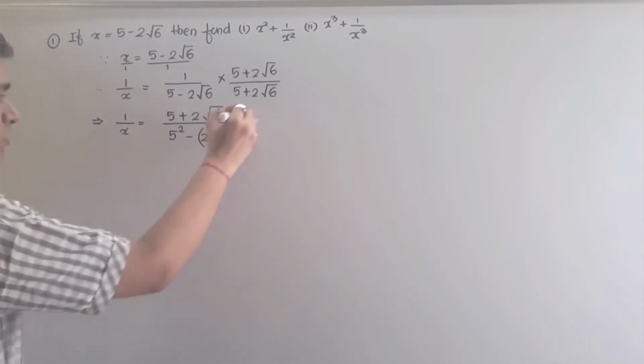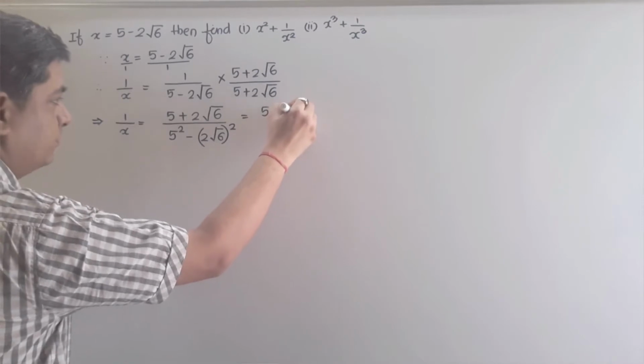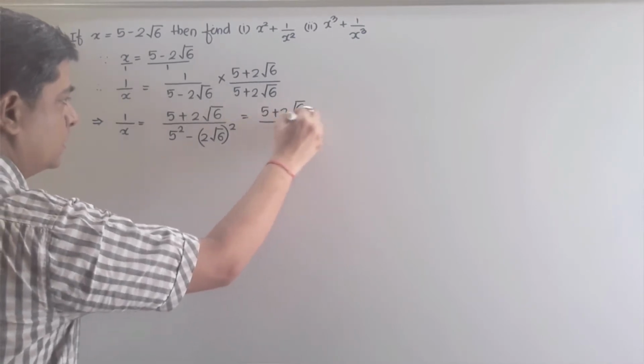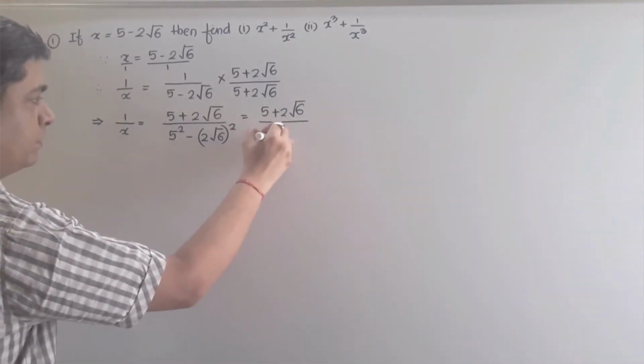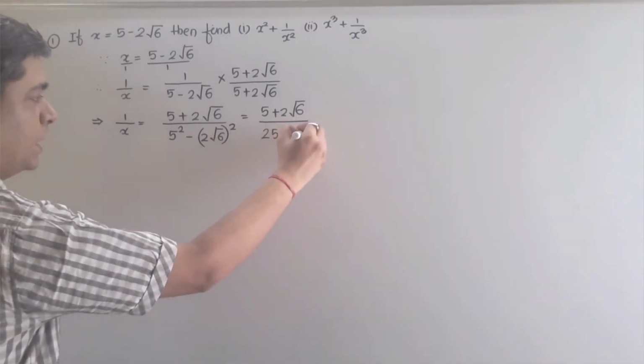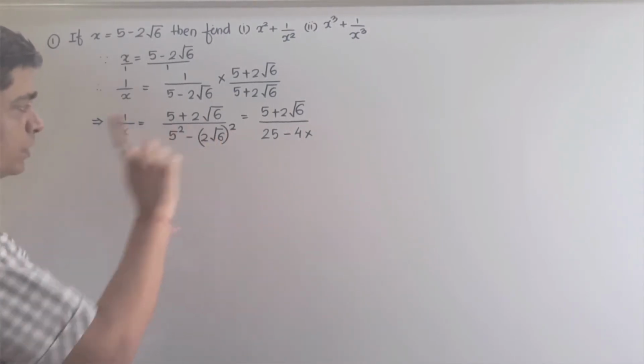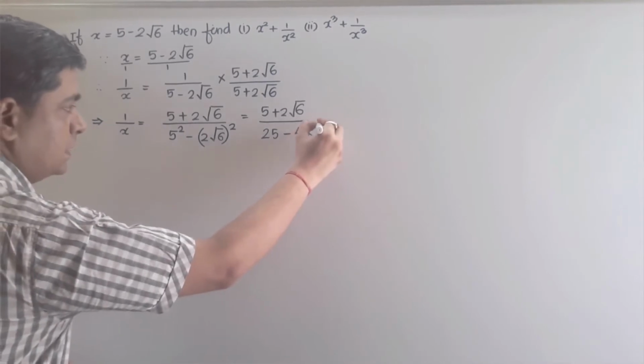Now further, 5 plus 2 under root of 6 I am writing as it is here, upon square of 5 will become 25 minus square of 2 which is 4, and one more thing, now I have to square the root of 6. The square and square root will cancel, remaining is 6.